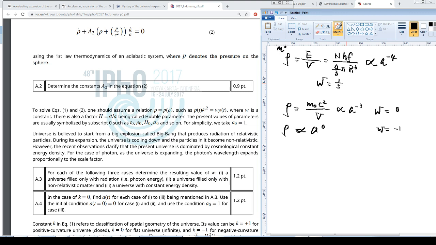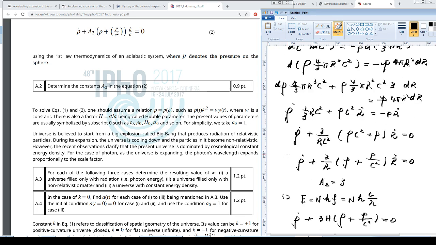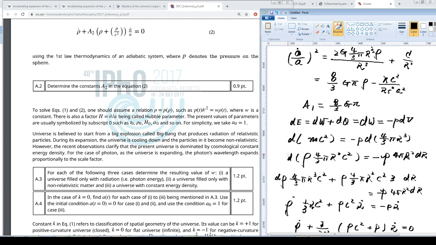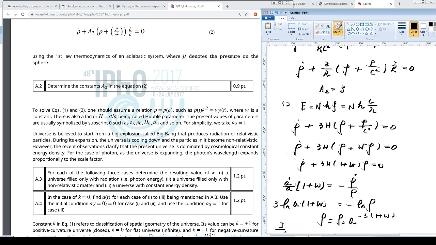So let's keep going. In the case k equals 0, we need to go back and look at that formula. h squared equals a rho minus that.